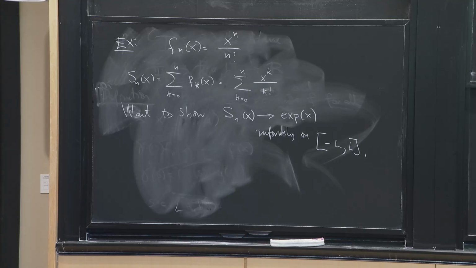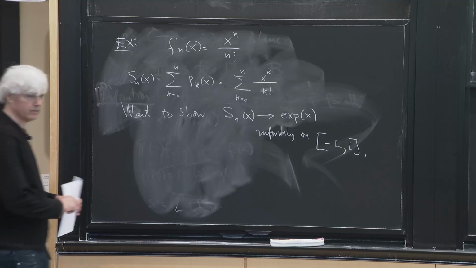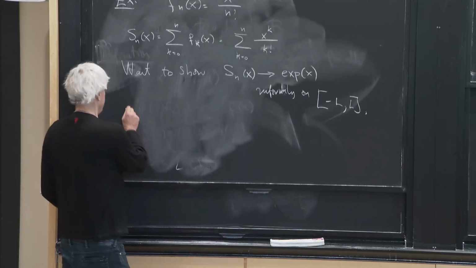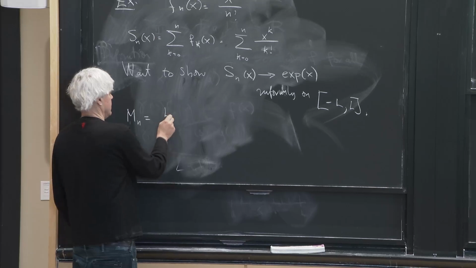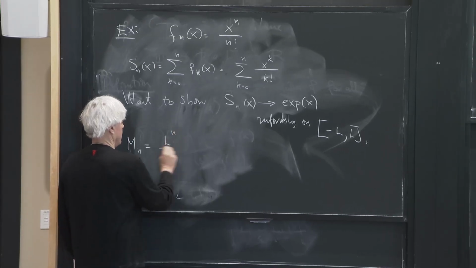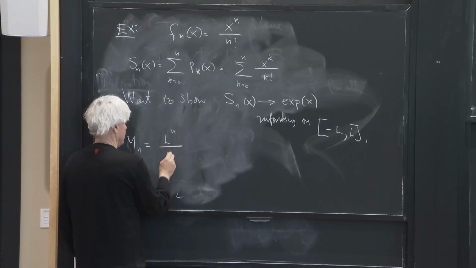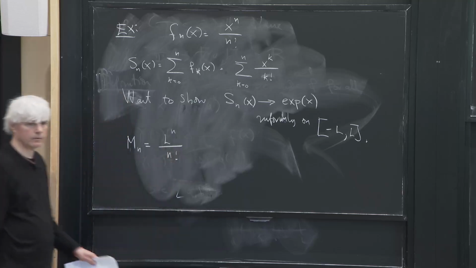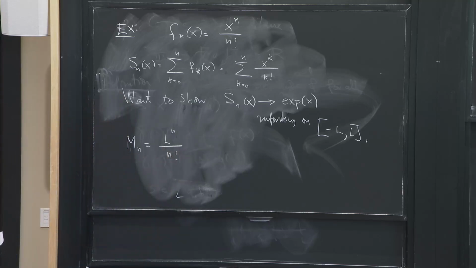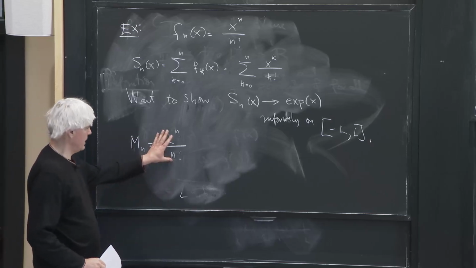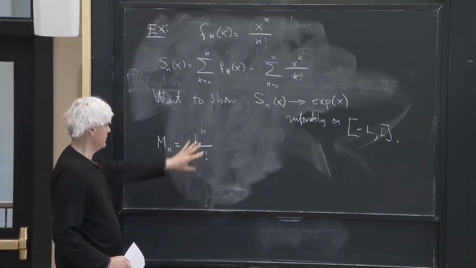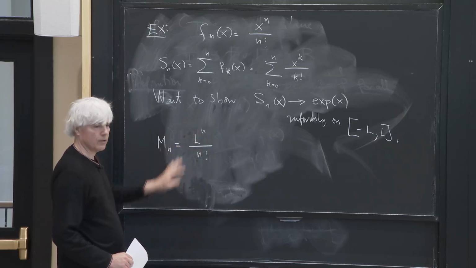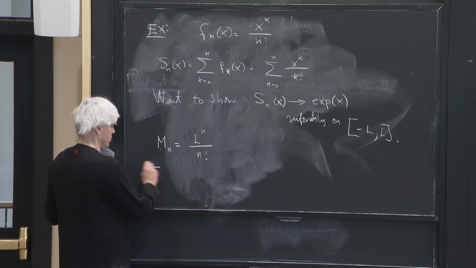Now let's try to apply the Weierstrass M-test. What are the Mn? In this case, the natural one is L to the power n over n factorial. These are non-negative numbers, and we already know that this sequence of non-negative numbers is summable.